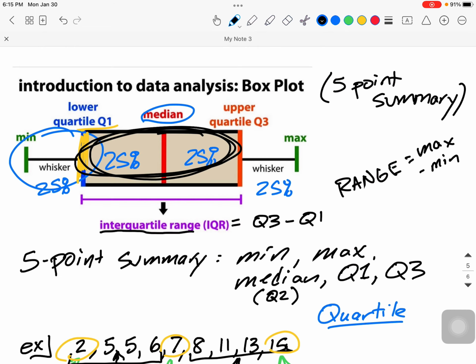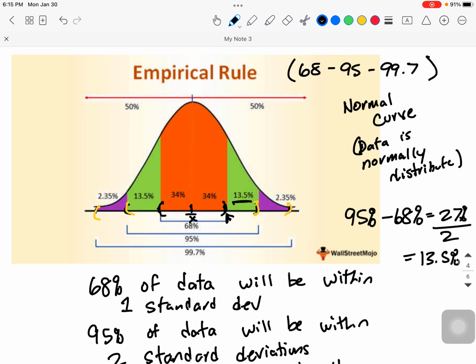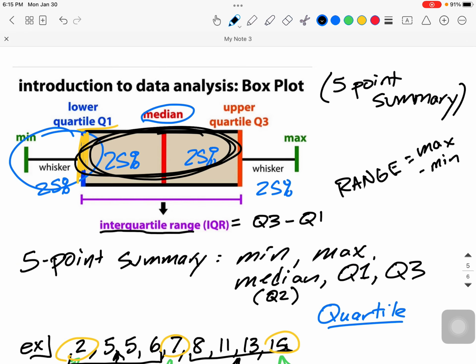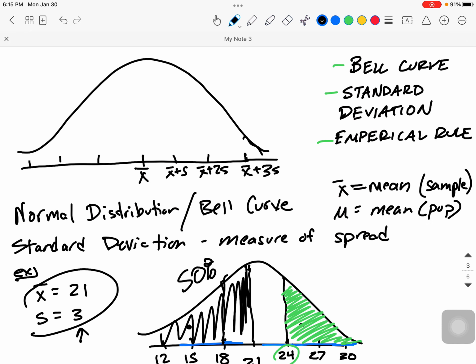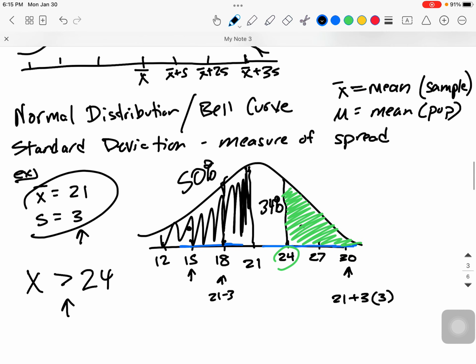And then if I jump to my little cheat sheet here, this chunk between the middle and the first standard deviation is 34%. Sorry, I'm going the wrong way. So that cumulative area then is going to be 84%, 50 plus 34.